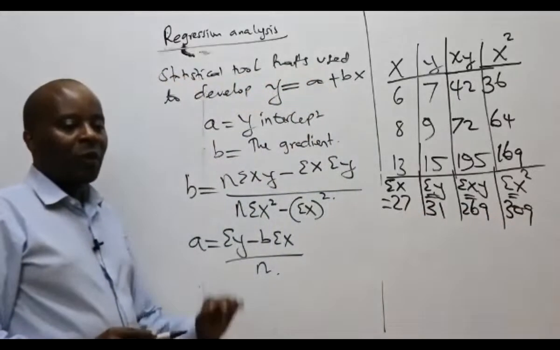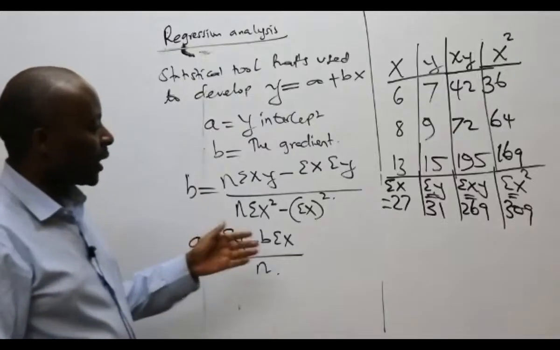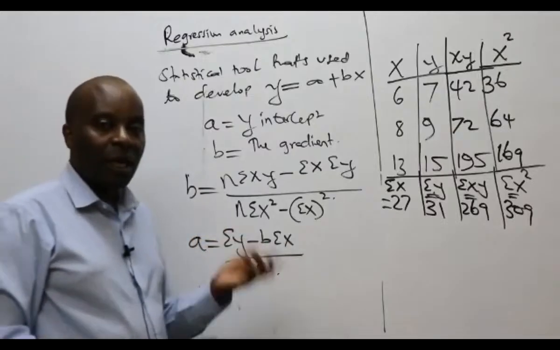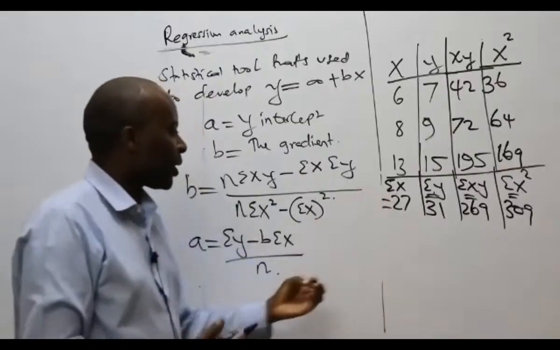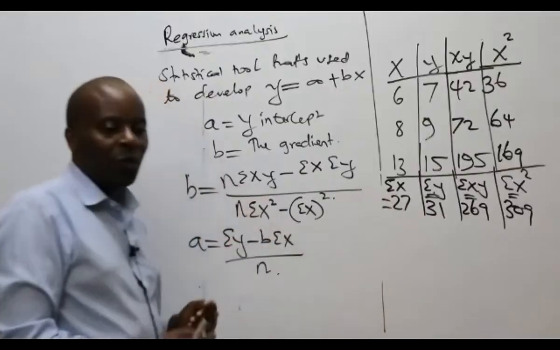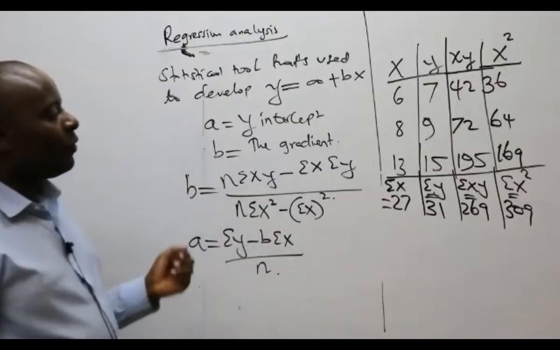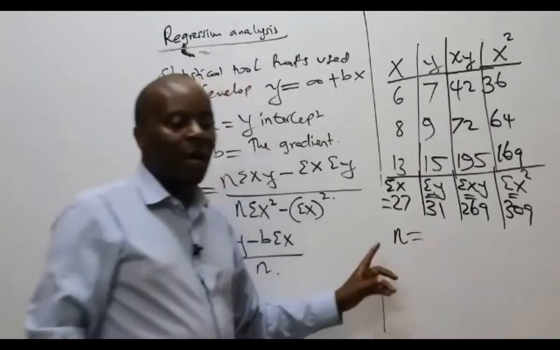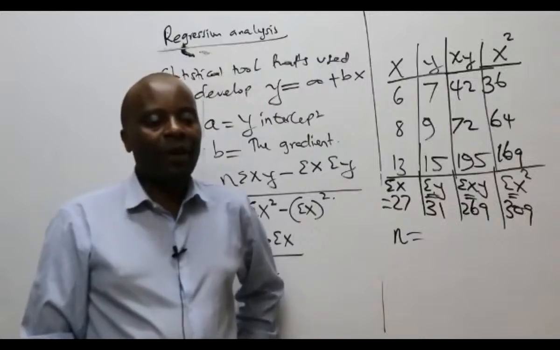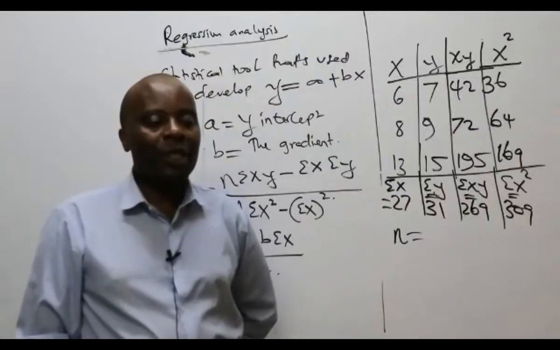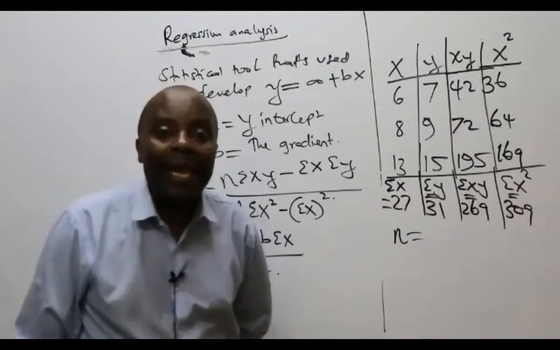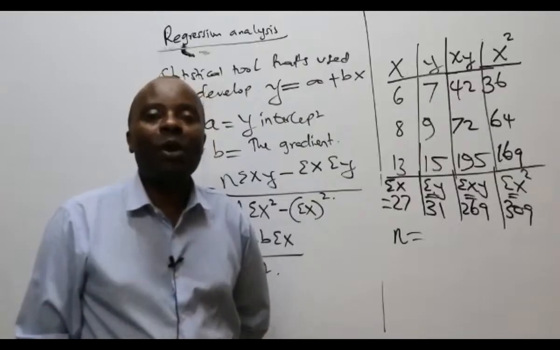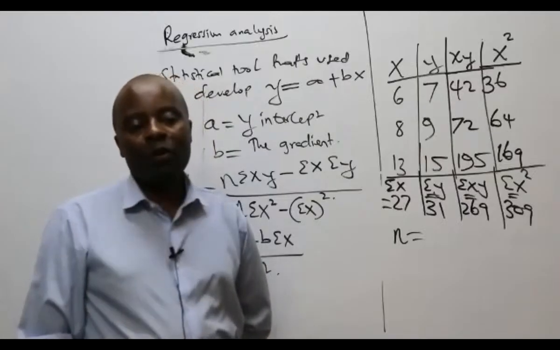Thank you very much. Now, ladies and gentlemen, I would want us to move to the next level, which is plugging these summations into the formulas. The very first thing I would want some good student to tell me is the value of n. First of all, n stands for number of points.